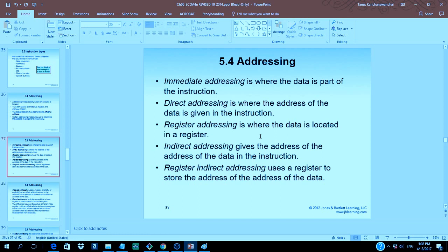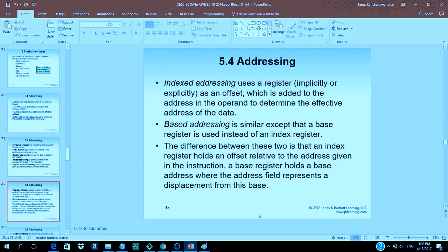And this is just indirect addressing for a register, where we just store the address of the data. And we have indexed addressing, which uses a register as an offset. There's going to be an example here, okay? You pretty much just take that as an offset to another address. You add 10 more to jump to that address.